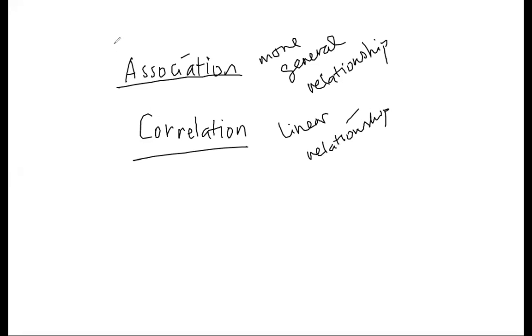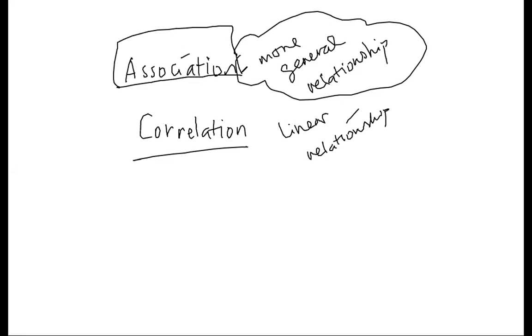Because when you are looking at categorical variables, there's nothing to talk about linearity, you see. So that's why we just say that we know that they are associated. This implies a more general kind of relationship. Okay, there's a relationship, but we don't know whether it's linear or not. So we use the term association.